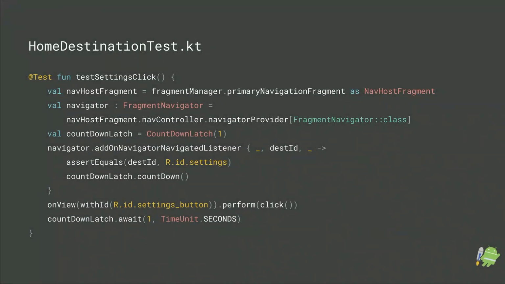So you might be interested to do something right now. If you're at an Espresso test, and you want to test, oh, when I navigate to something, does it go to the right place? Well, we actually have an add-on navigator navigated listener. So you can hook it up to the nav controller's navigator and get a callback of, oh, did you go to the right place when I click this button?